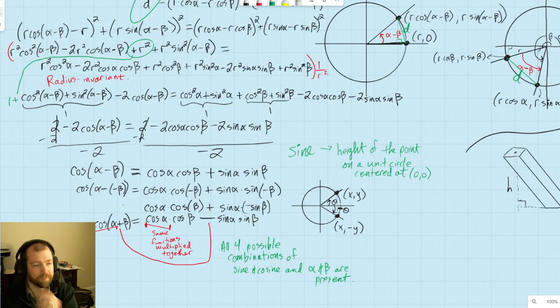So all of them. Cosine alpha, cosine beta, sine alpha, sine beta. All four need to be present somewhere.